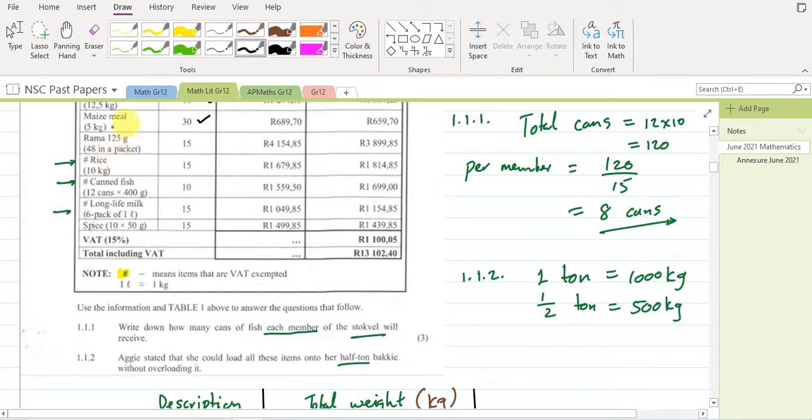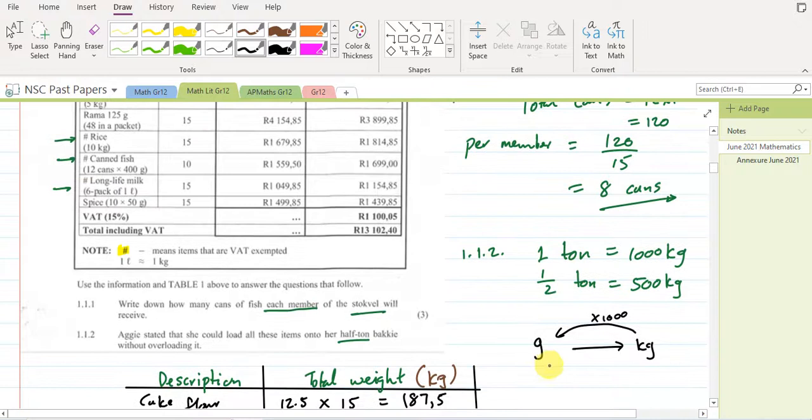Next one, rama, 125 grams. Now remember, if we want to convert grams into kg, or go from kg to grams, you multiply by 1,000. And if you want to go from grams to kg, you need to divide by 1,000.